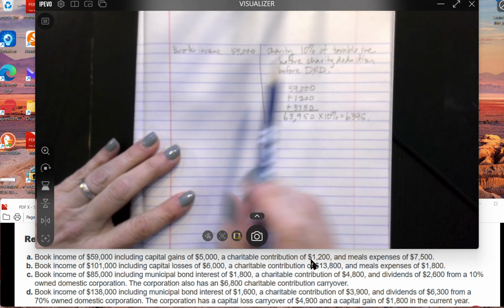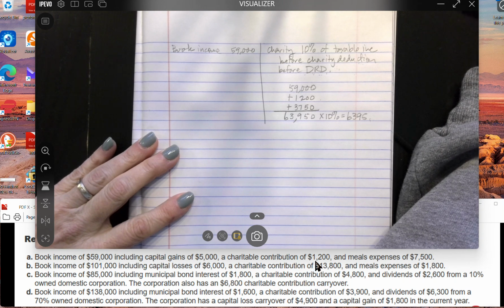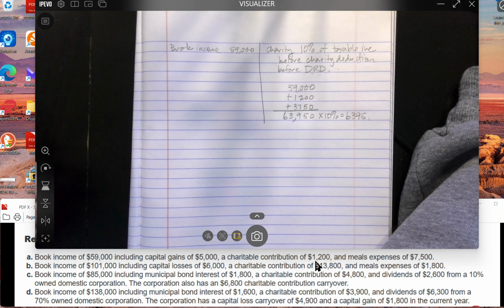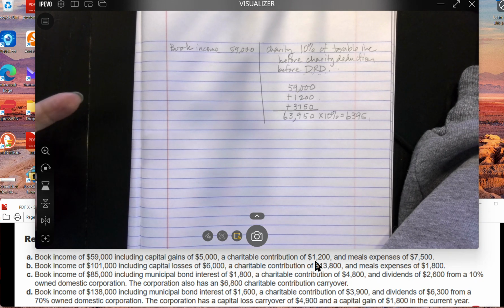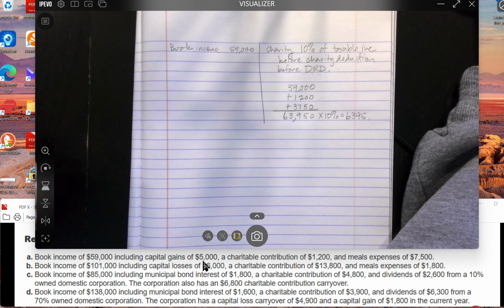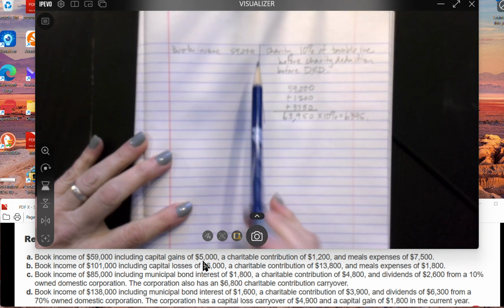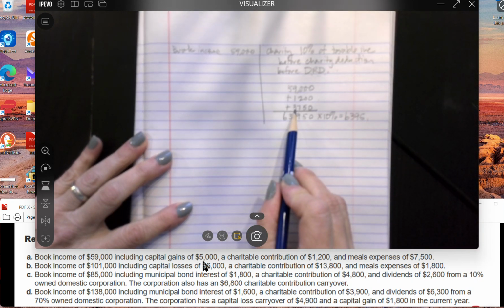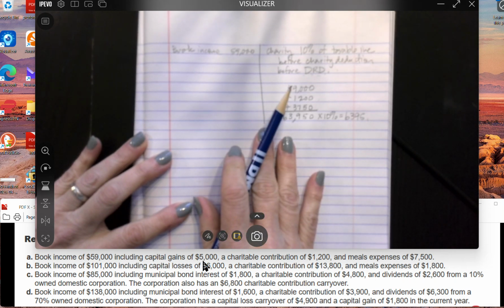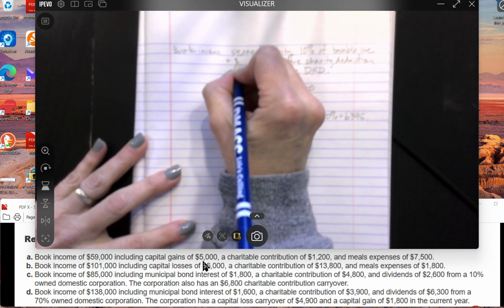The only adjusting item that we have is the meals expense, because for the charitable contribution we'd be able to take $1,200 for book and we'd be able to take $1,200 for tax. For the capital gains, we would be including that on both the tax and the book, so that's not an adjustment. The only adjusting item here is the $3,750, half of the $7,500, so we're going to have to add that back.